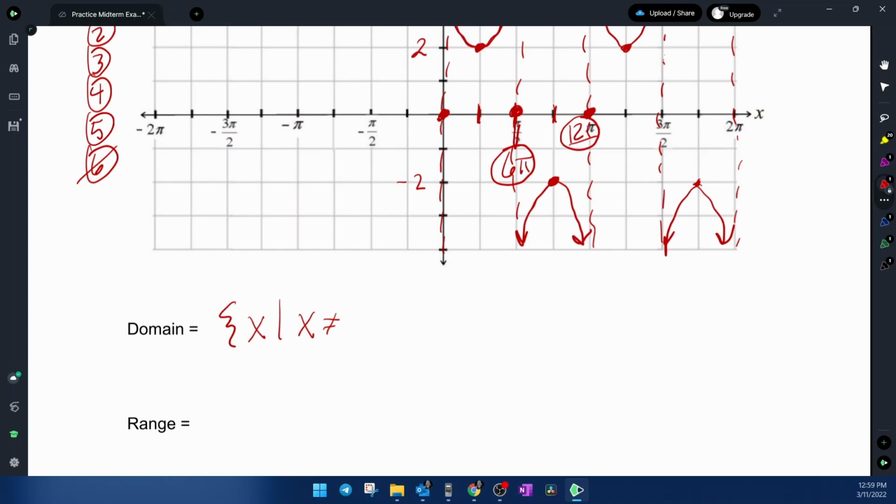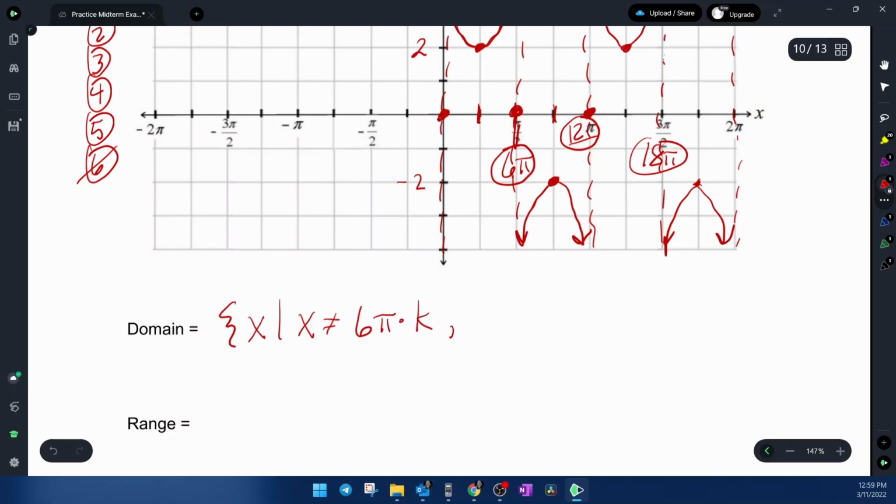So notice our asymptotes go 6 pi, 12 pi. The next one would be at 18 pi. So that appears to be multiples of 6 pi. So to do that, you're going to say 6 pi k, where k is an integer.